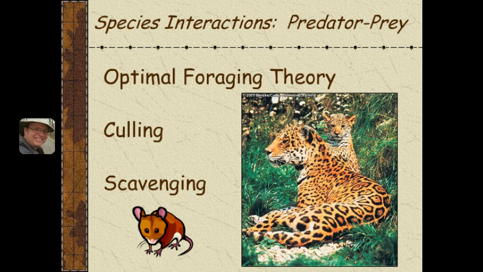And if you've got several diseased individuals in a population, the predators taking them out means that the rest of the population is less likely to have to deal with that disease. So the idea of culling means that the prey population as a whole is actually improved. Things are a little bit better for the population as a whole, although for the individual that gets eaten, well, maybe not so much.